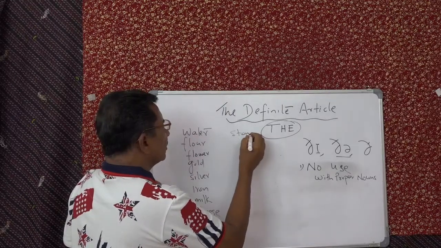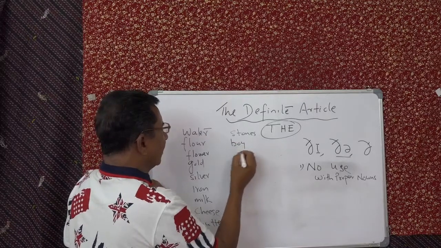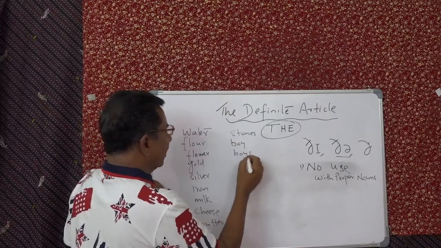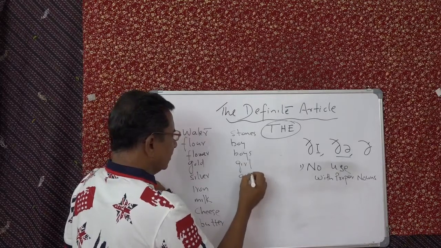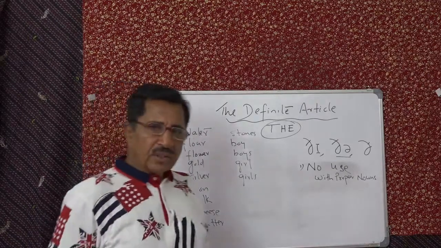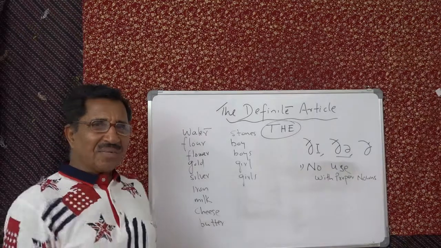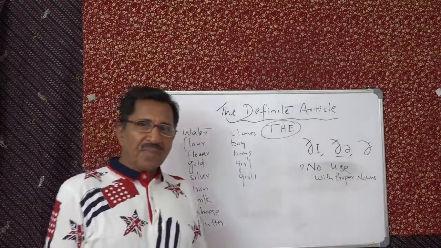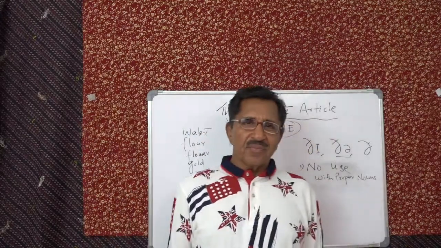See? Then what else? Stone, isn't it? Stone or stones. Common nouns: boy, boys, girl, girls. See that? Right. So these are all common nouns. Some of them are countable, some of them are uncountable. But when can you use the with them?